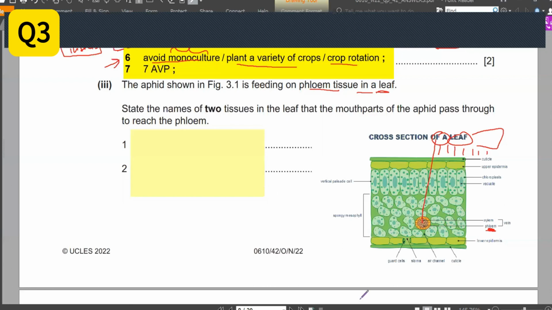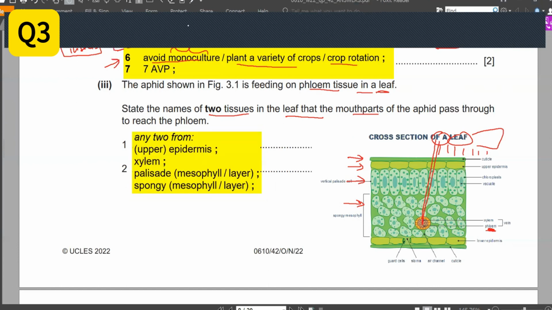So all of the tissues of the leaf that the mouth parts pass through will be any of these. Any of these will be an acceptable answer. So the mouth parts need to pass through all of this tissue to reach the phloem.